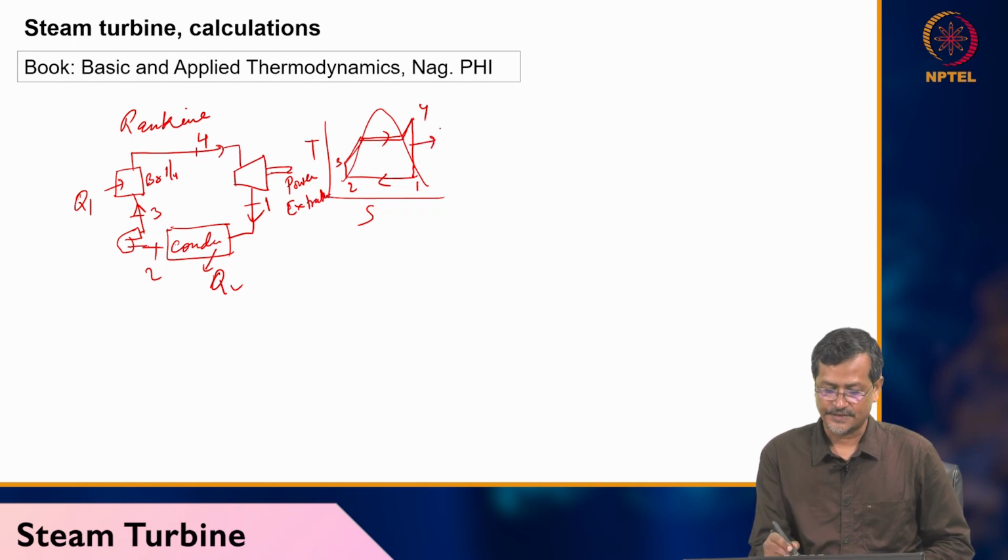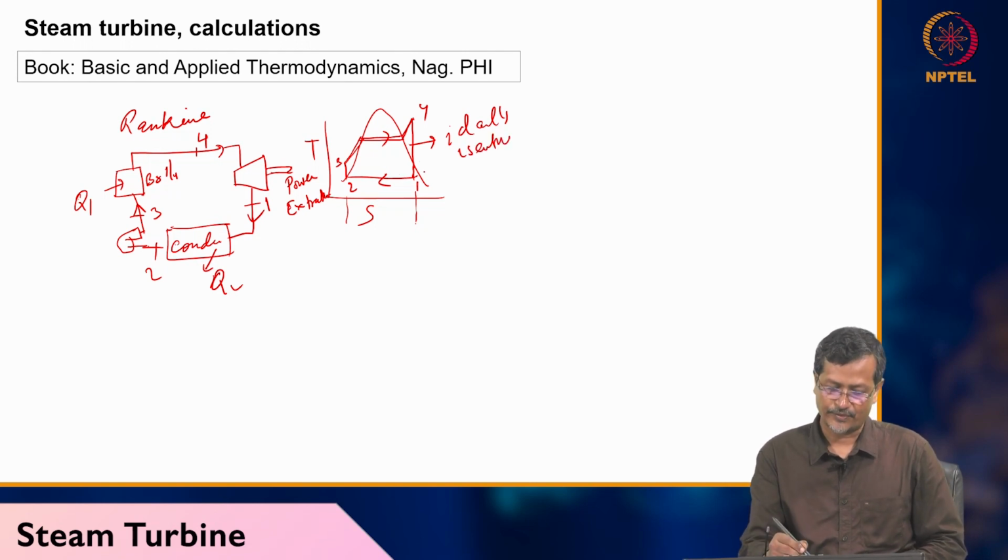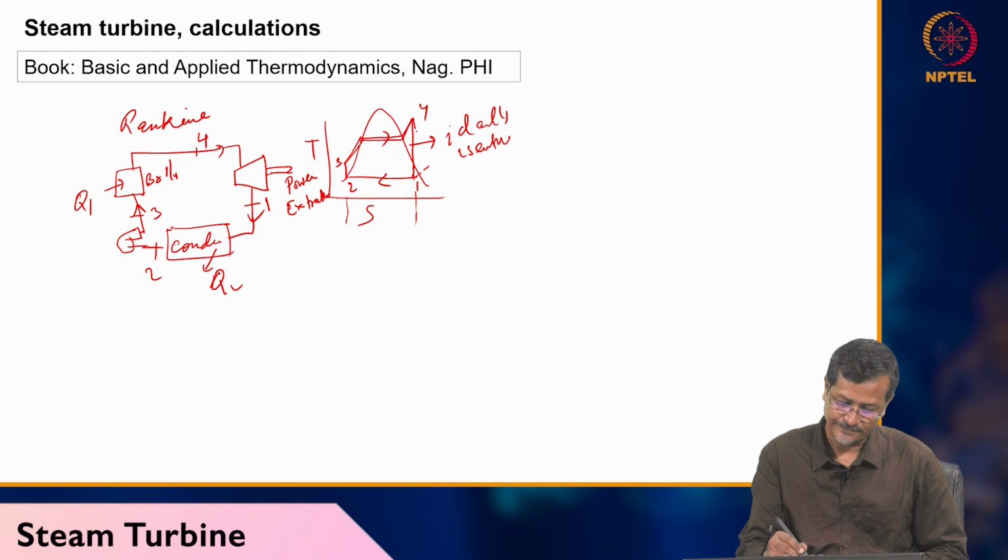The turbine is giving power, and ideally we are assuming this is an isentropic process. Ideally isentropic, but if we consider it practically, then it will be like this.